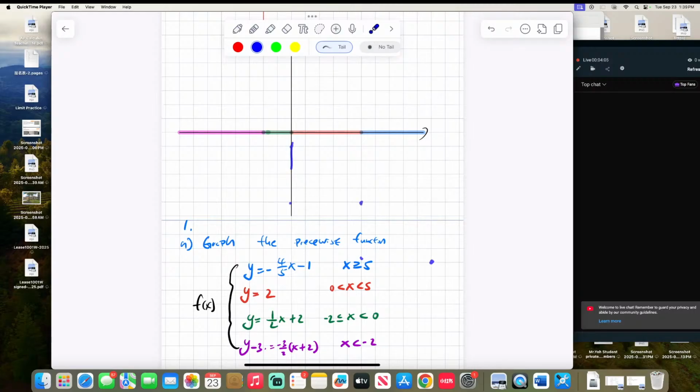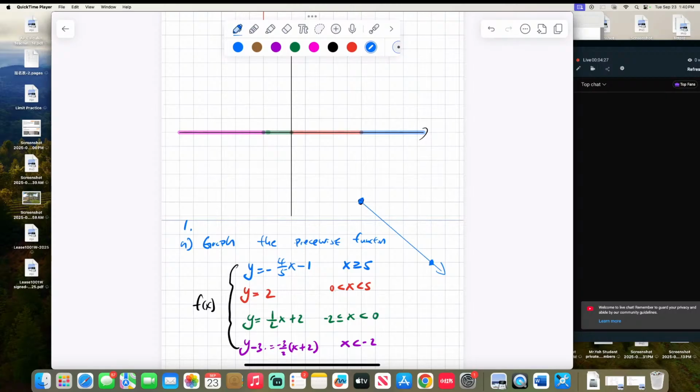It's right here. So it's this point, right? This blue point, and it's gonna go down 4, right 5. So it's gonna be here, and it's gonna be an extension of that.